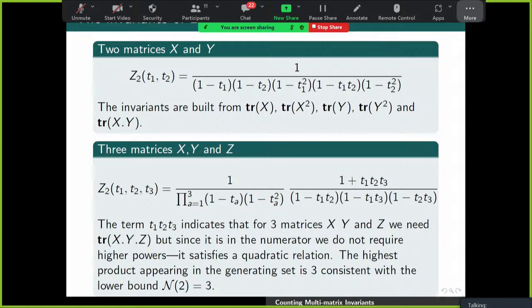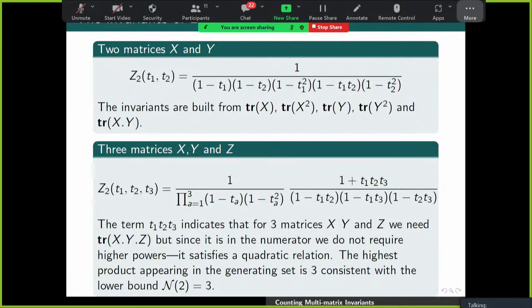We have T2, the trace of the second matrix, T1 squared, the trace of the first matrix squared, T2 squared, the trace of the second matrix squared, and T1 T2, which is the trace of the product of the matrices. And there are no further relations between them. It is freely generated by those.